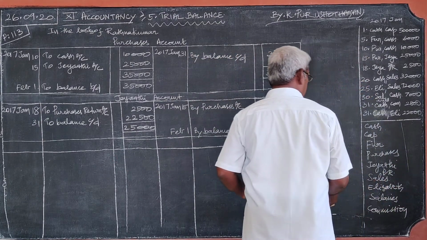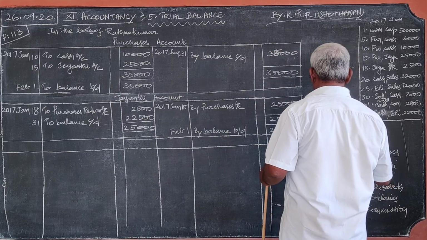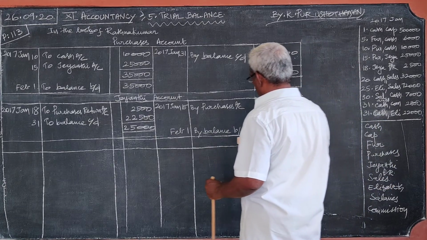Next ledger. After Jayanti, it is purchases return account.